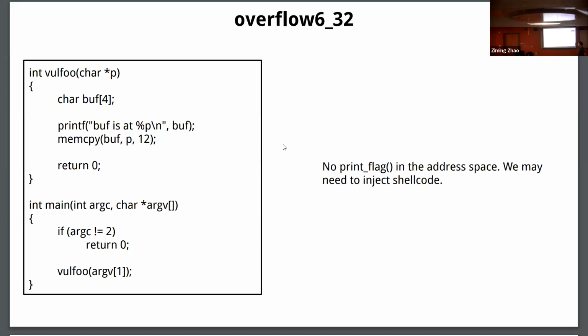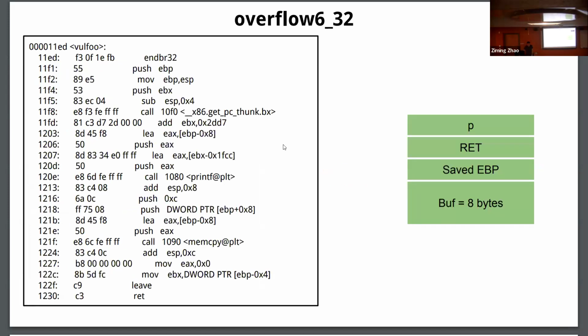So basically, we can copy as many bytes as we want, because gets stops at a newline, which is 0x0a, something like that. As long as our data doesn't have 0x0a, we'll keep copying. So here, it will only copy 12 bytes, okay, which means we cannot put shellcode at a higher address than the return address, which is what we did last class.